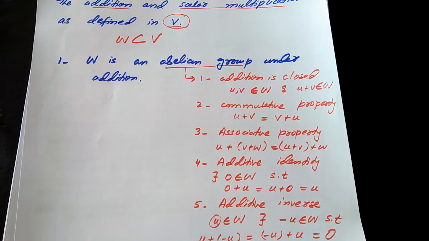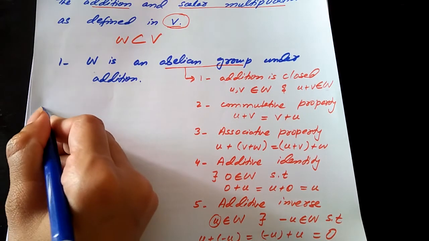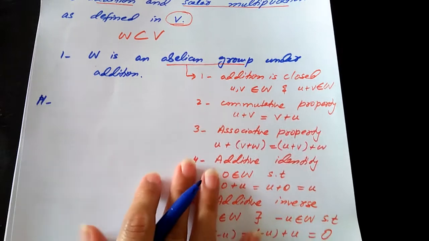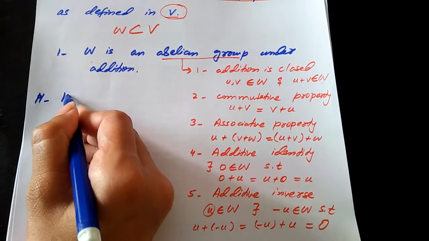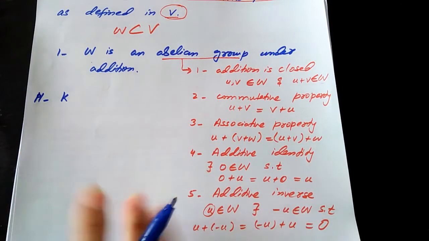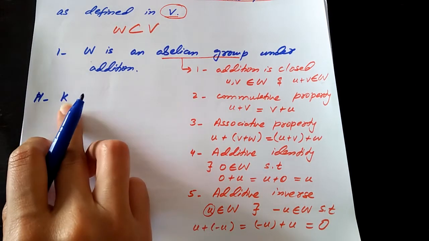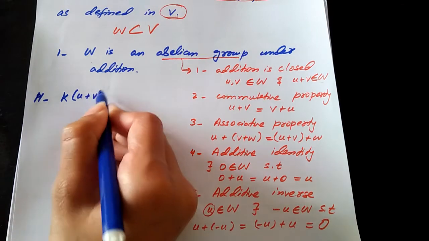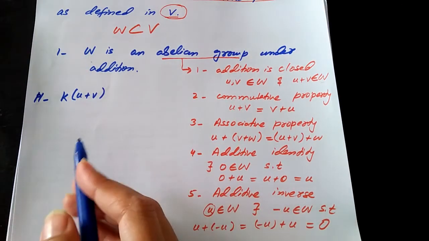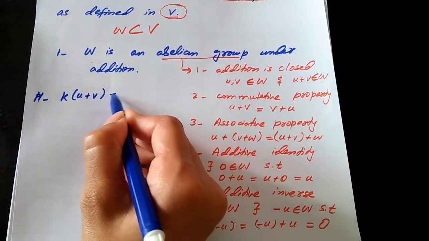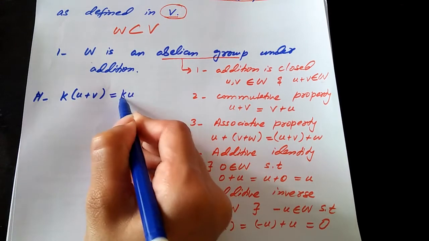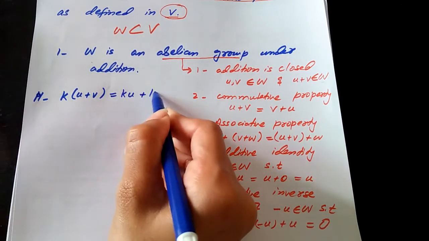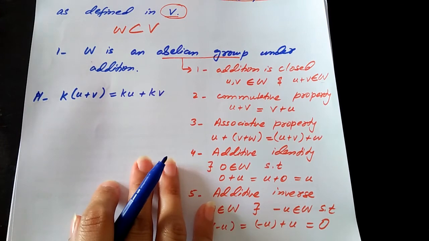Now, you have to move on to the second axiom for proving it as a vector space. Let's suppose K is any scalar, and you multiply it with the addition of two vectors from this main set W. It will give you the same answer if you multiply the scalar with the vectors separately and then add them up.